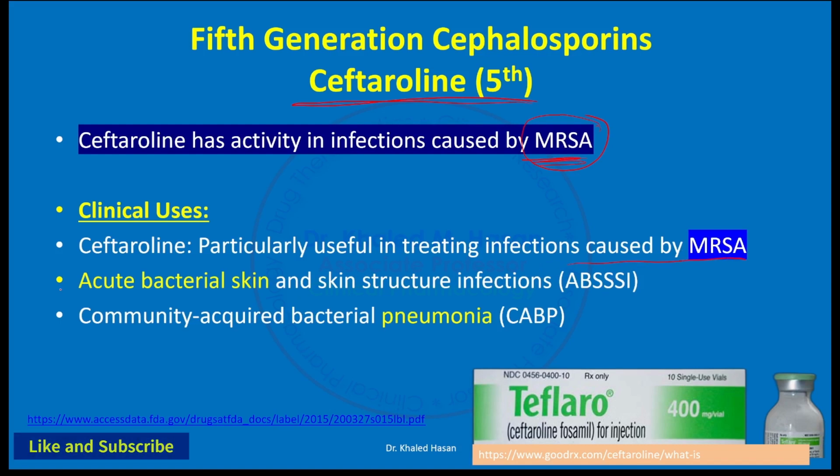We use it for skin infections, especially acute bacterial skin and skin structure infections, ABSSSI, and for community-acquired bacterial pneumonia. So please remember, for fifth generation, use it mainly for MRSA, ceftaroline.